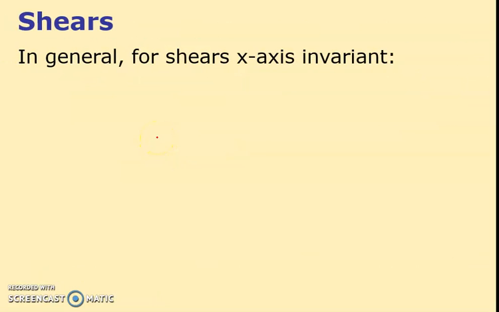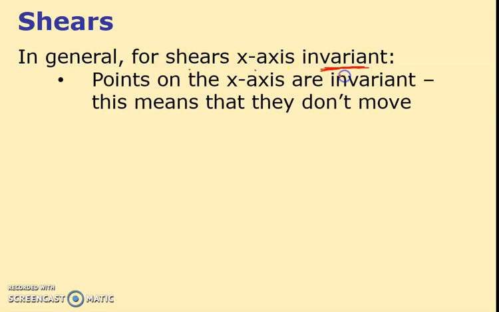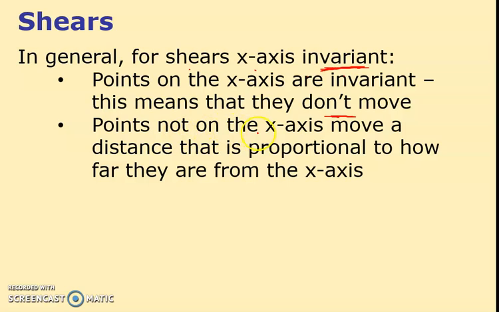In general, shears for an x-axis invariant. Now, basically, it means anything on the x-axis won't move. That's what invariant means. For shears, which are x-axis invariant, it means that points on the x-axis don't move. It means that points not on the x-axis move a distance that is proportional to how far away they are from the x-axis. Now, that might seem weird.